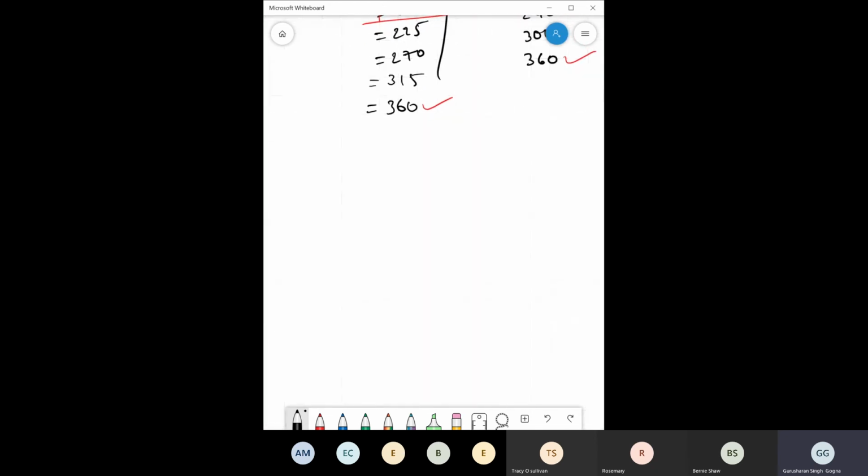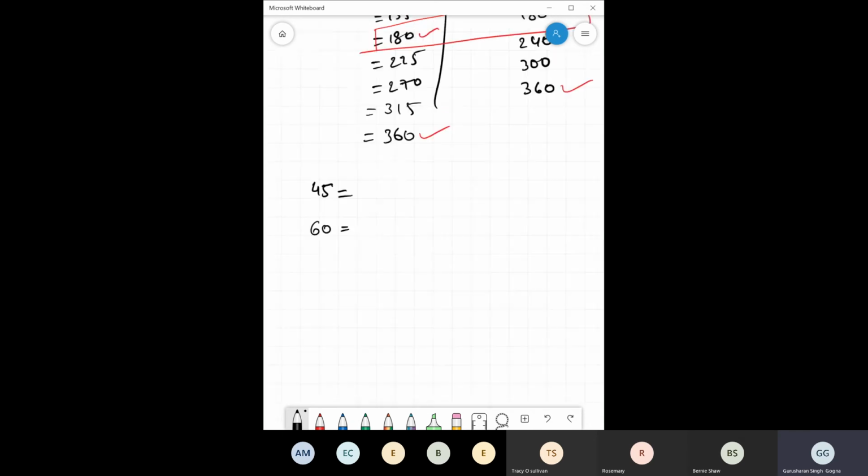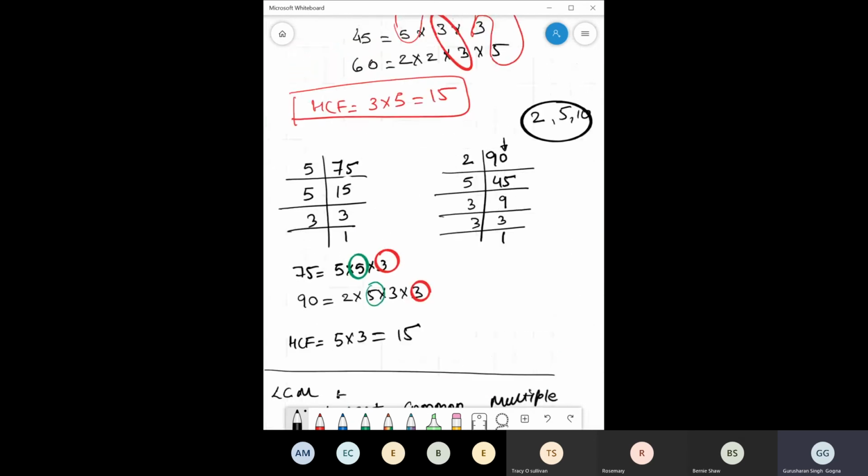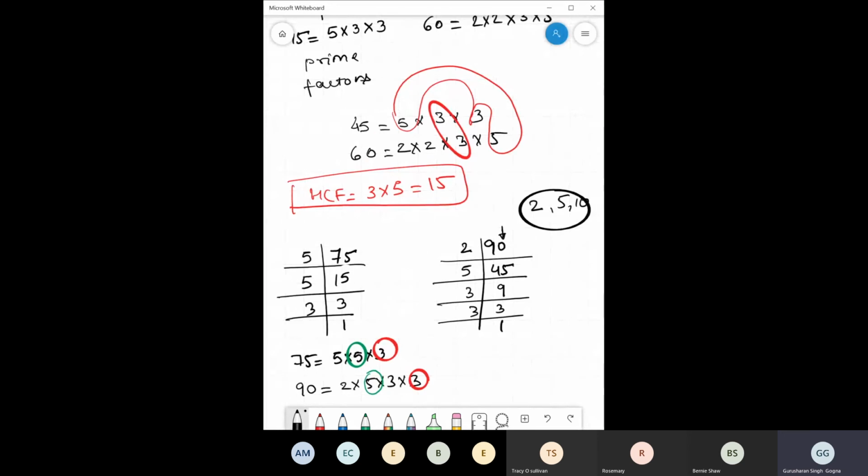But how to get it straight away without doing all this? You don't need to use any separate method. We already got the factors of 45 and 60 in our previous workings. So let's go back here. 45 is 5 by 3 by 3.